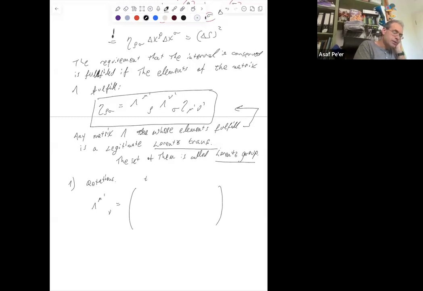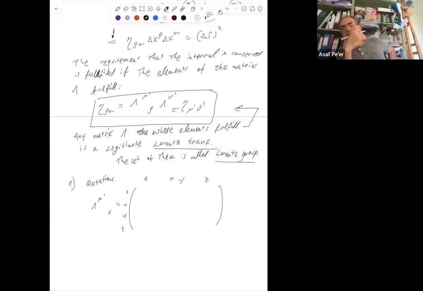In case you get lost, the indices are T, X, Y, Z. We're talking about rotation in the XY plane. So how do you write the rotation matrix in the XY plane?